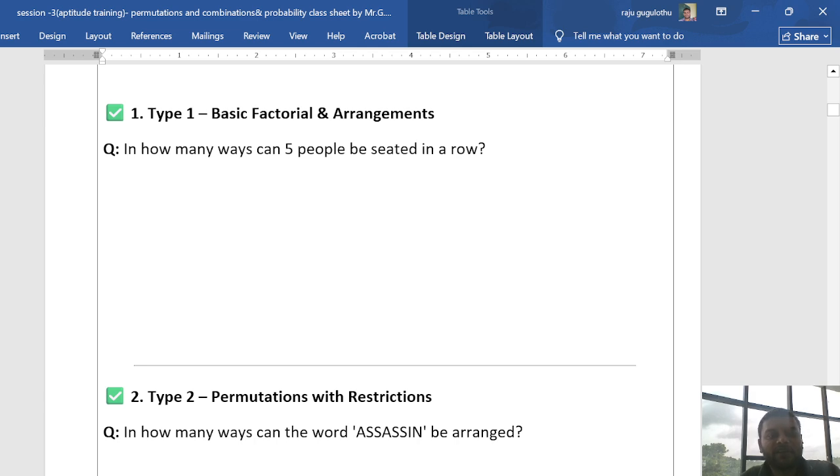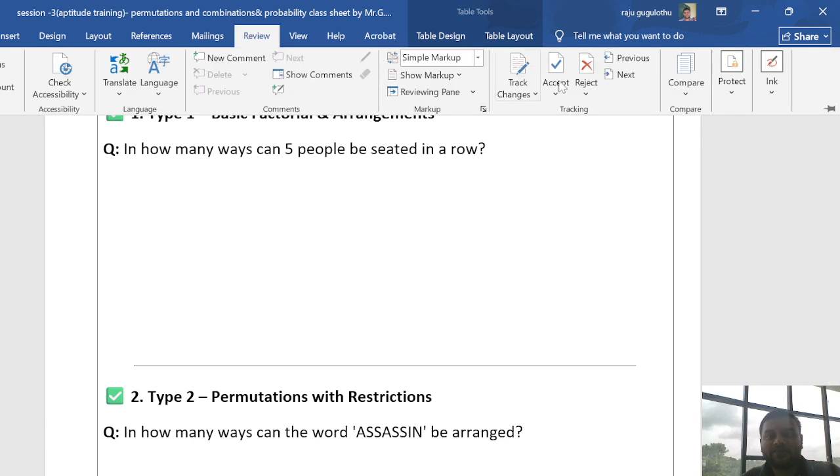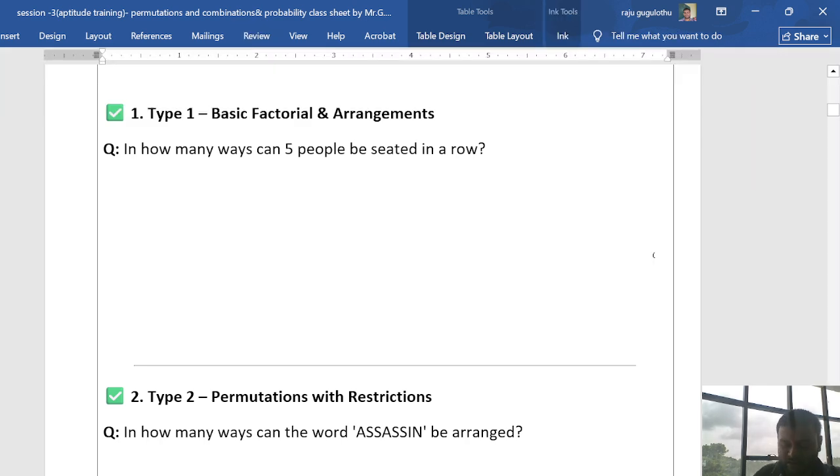In how many ways can 5 people be seated in a row? It's very simple, as we have discussed. In a row, 5 people. To make them sit, we need 5 places: 1, 2, 3, 4, 5. The first place can be filled in 5 ways. Anyone can come and sit over here.